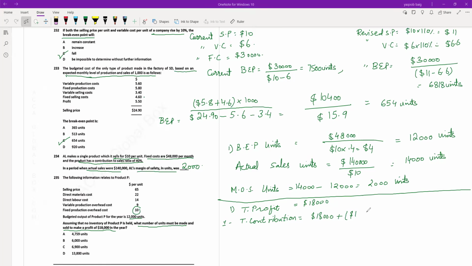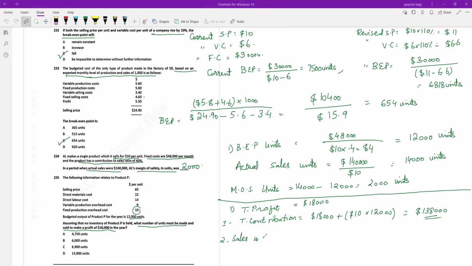So 10 multiplied by 12,000, 120,000 plus 18,000. 138,000 is targeted contribution.